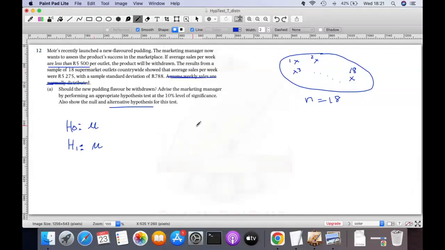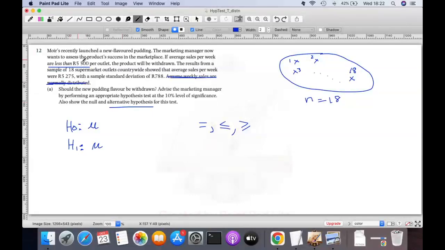Now, the less than 5,500. If you recall from the last recording and the first call I ever did in this learning unit, I said H naught will always take these three signs. It'll take the equal to, or the less than or equal to, or the greater than or equal to. But here it's saying less than 5,500.